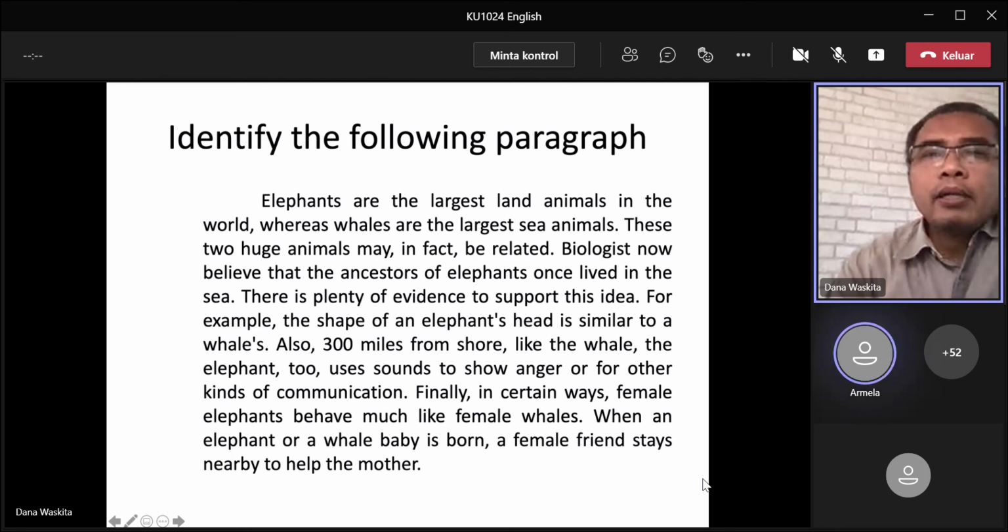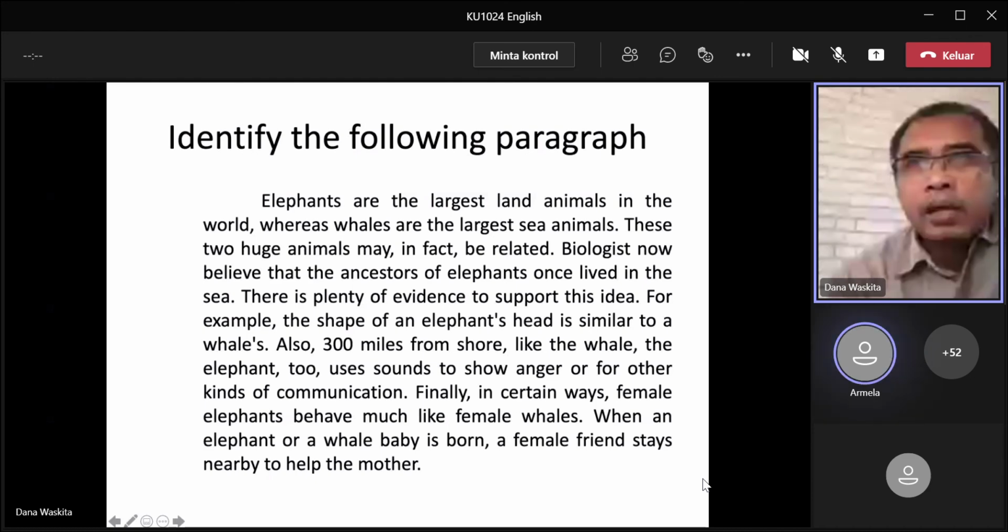So the main idea is that the author wants to say that elephants and whales are related, or have a relation, right? Why relation?